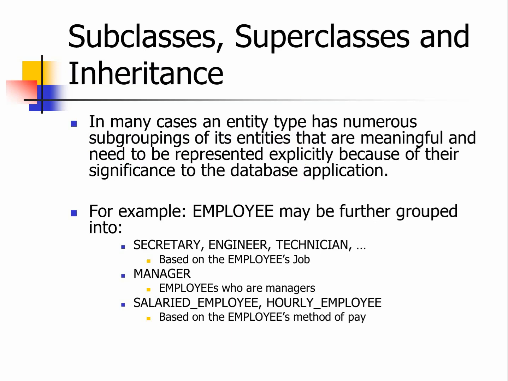If we focus on the employee entity, you can imagine that employees can be further divided into many different kinds. For one, based on their job type, employees can be subgrouped into secretary, engineer, technician, etc., or sales, or something else. And each one of those has their own properties or attributes to describe that subgrouping.